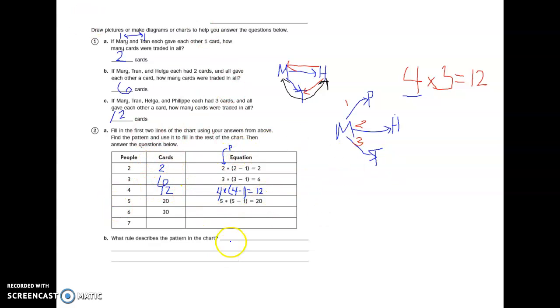So here we'll see that there's 6 people. So 6 times the number of cards that you have, which is going to be 6 people minus 1, because there's always going to be 1 less card per person than there are people. So 6 minus 1 we know equals 5, and 5 times 6 equals 30.